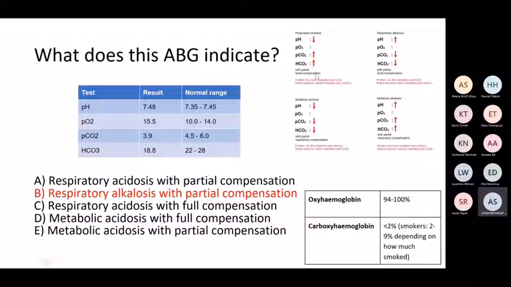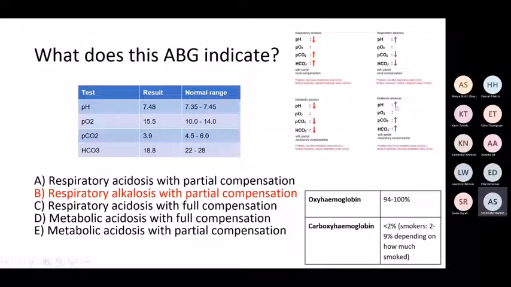And then with alkalosis, there's low CO2. So that means it's more alkalotic because you've got less of it. And then with metabolic, you've got low pH, there's low bicarb, and that means when those two match, then you know it's a metabolic acidosis.